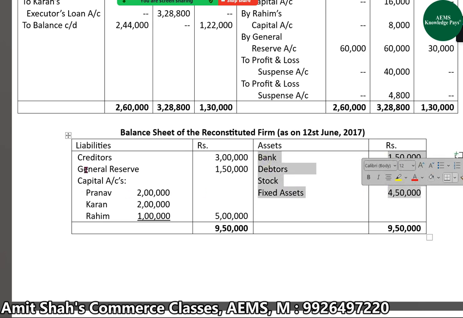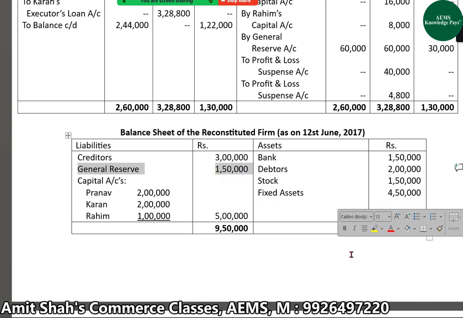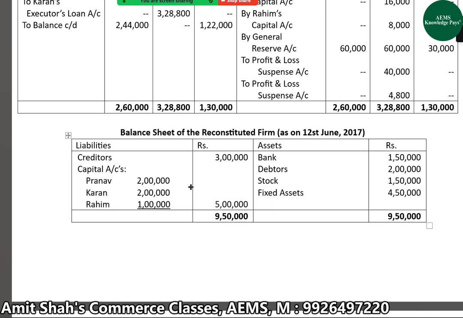It will remain as it is. Here, general reserve has been distributed, so it will go off from the balance sheet. Partners' capital balances have changed. Pranav's capital balance is 2,44,000 and that of Rahim is 1,22,000. Karan's capital is not there at all. Rather, we have Karan's executor's loan account with balance of 3,28,800. The total of capital is 3,66,000.